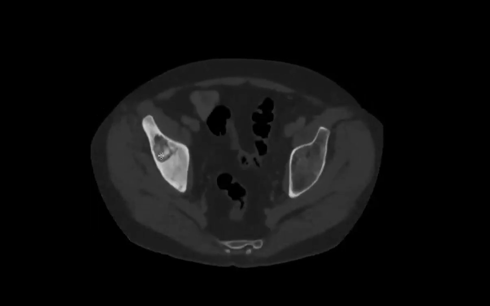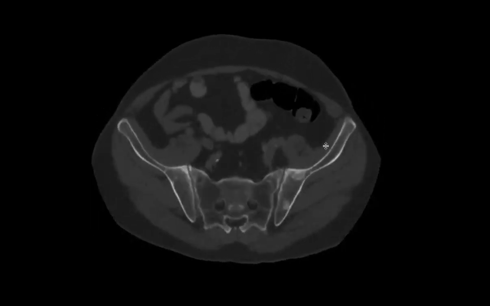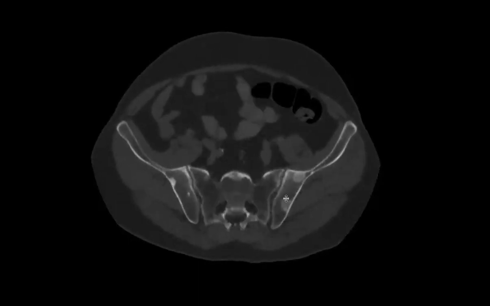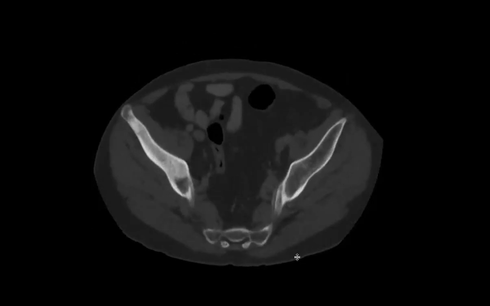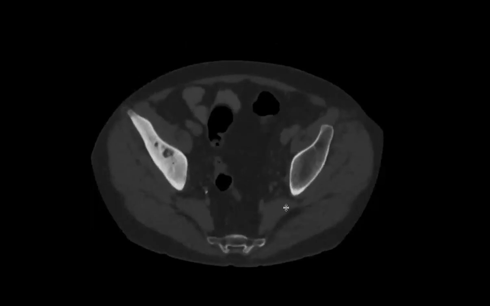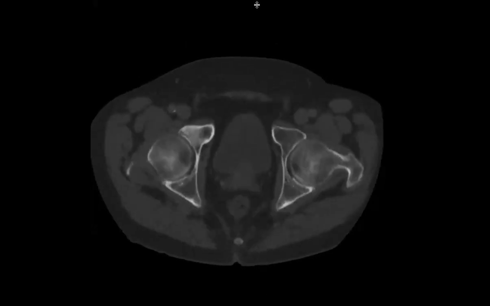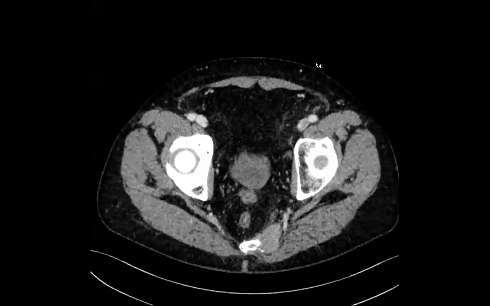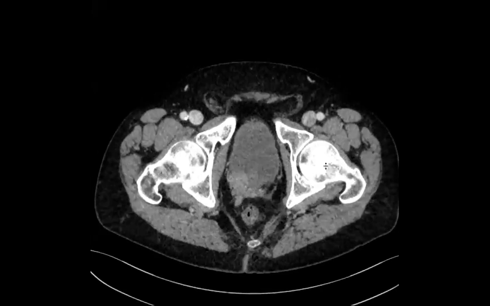There is increased sclerosis within the osseous metastases. Some of them look larger, but the rest of the lesions in the spine looked more sclerotic, and they were responding to treatment.